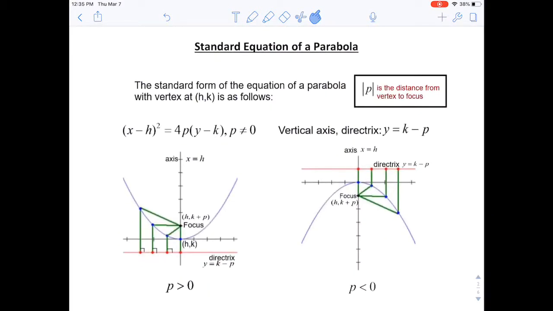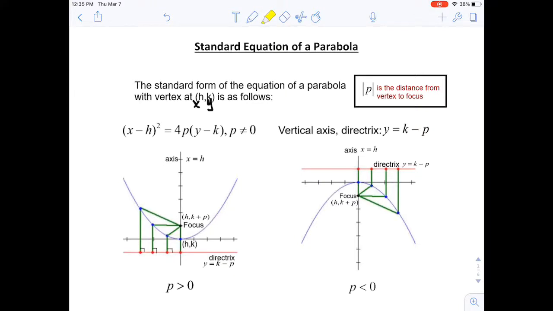Standard equation of a parabola is right here. So this is in vertex form, so you'd be able to clearly see the vertex because the x value of the vertex would be the h and the y value of the vertex would be the k.